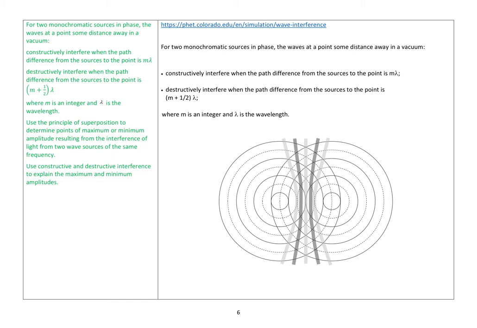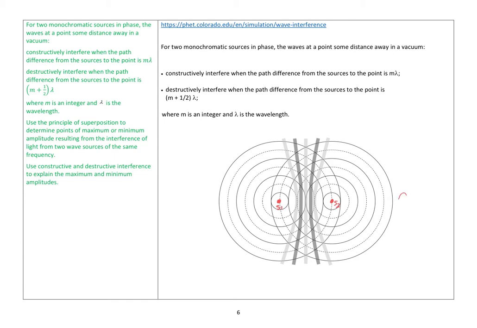This diagram here is supposed to simulate one source of waves here, let's call that S1, and another source of waves being generated here, S2. And as these waves are being generated, the solid lines are meant to indicate a peak, the dotted lines indicate a trough.